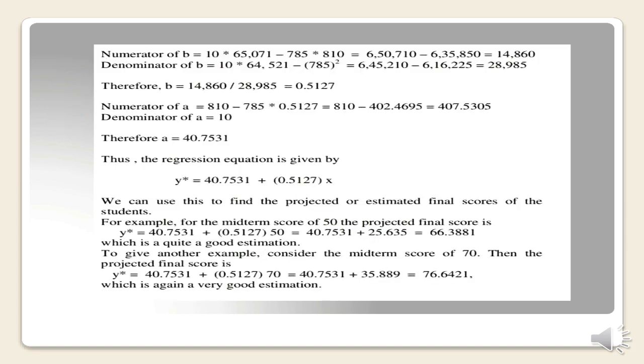Okay, the numerator of B is 10,160. The denominator of B is 1000 and 985.